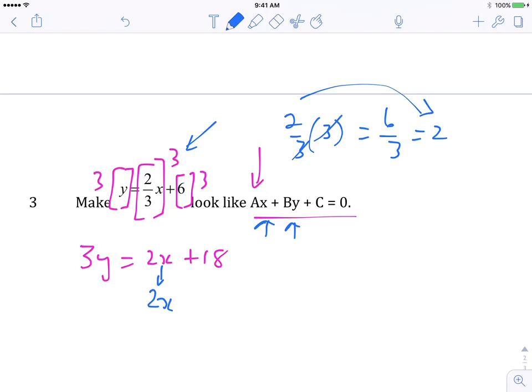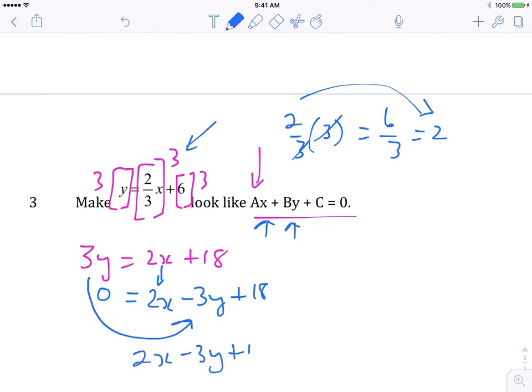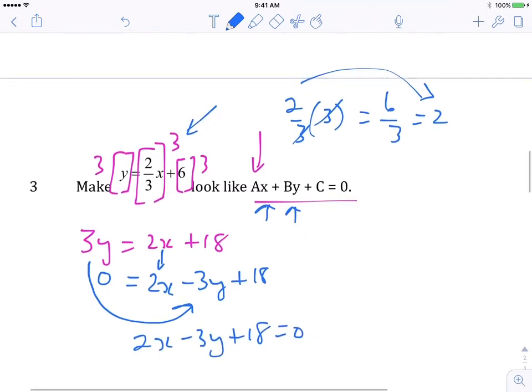In that case, we subtract 3y from both sides, and it looks like it's coming to this side and changing signs. So we have 2x minus 3y, and the positive 18 was here all along, but because the 3y came over, we have 0 on the other side. So we can say 2x minus 3y plus 18 equals 0.